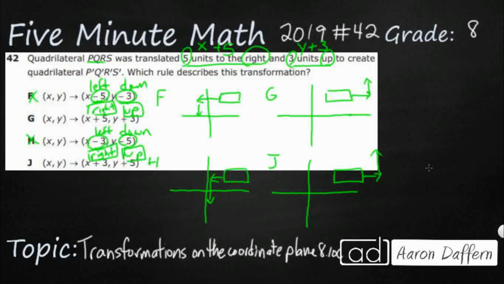All right, so it is going to be G, but you see how we kind of got the same thing on J. So that's why I have to go back and double check. Always check all 4 of your answer selections so that plus 3 and plus 5 are not the correct numbers we need to add. So our answer here is G.